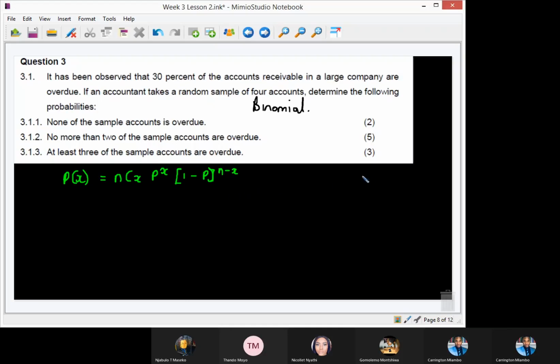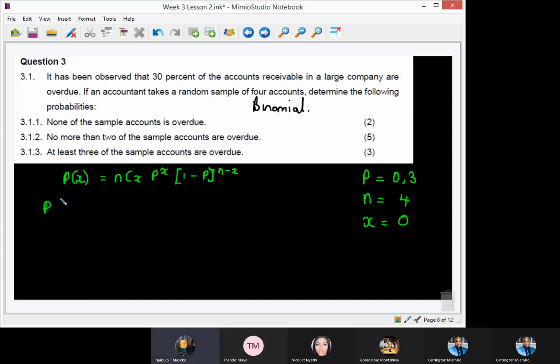Right, so we need to find what is our p. It's 30%, so we write 0.3. And what's our sample size n? It's 4. And for 3.11, what is your x? It's 0. Then what do we do next?